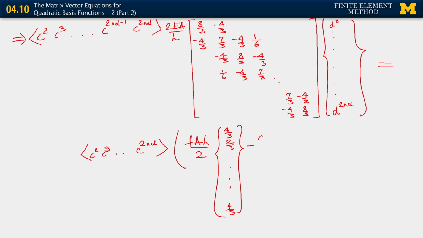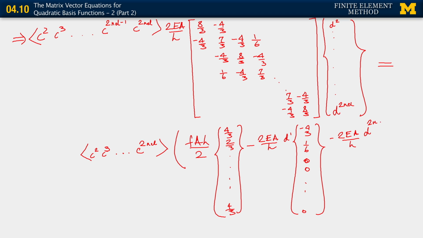The last two contributions are 2EA over H times D1, multiplying the first column of our matrix on the previous slide, which is minus 4/3, 1/6, 0, zeros all the way down, and minus 2EA over H D2NEL plus 1, multiplying 0, 0, zeros all the way down except till we come to the last two entries.